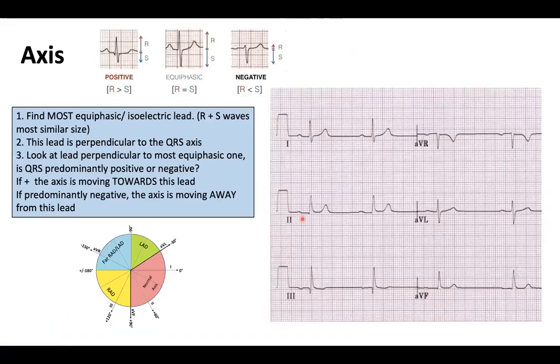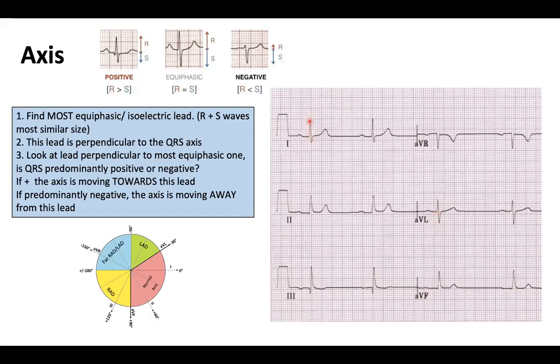Okay, so this is example number 1. So step 1, we find the most equiphasic lead. For me, the most equiphasic lead is AVL. So let's go through it.